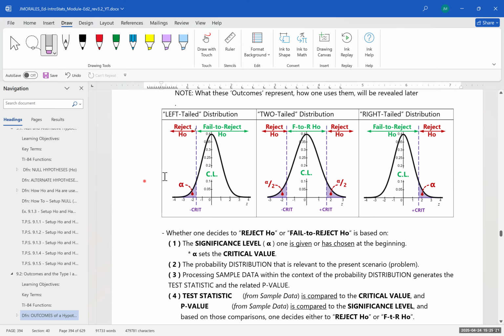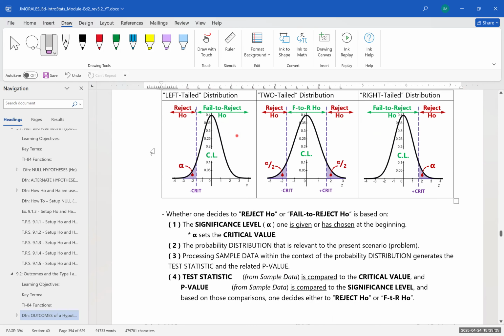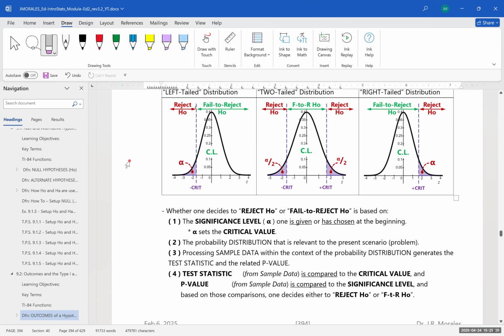And so in order to determine whether you're going to reject the null or fail to reject the null, there are two common methods that are used. One method is to compare your test statistic to the critical value. The test statistic comes from your sample data.